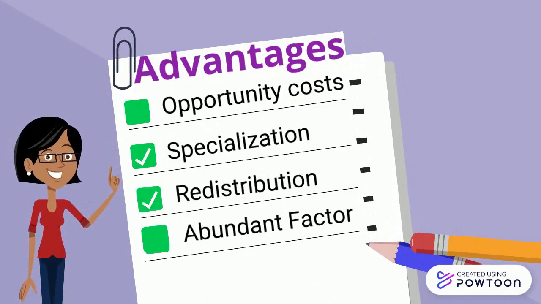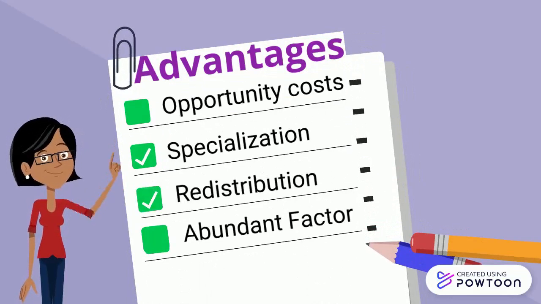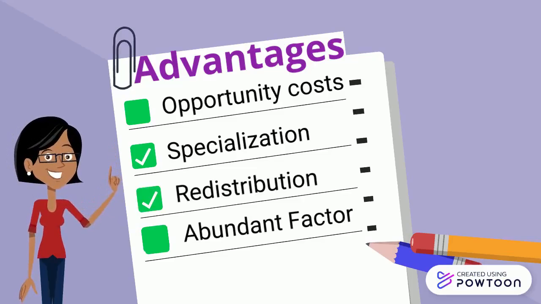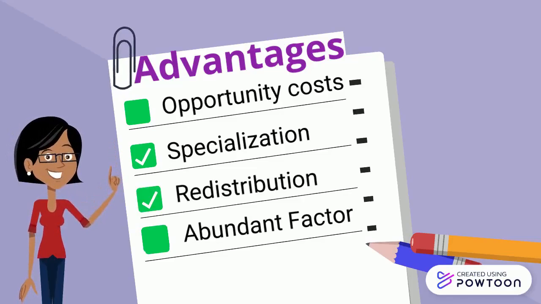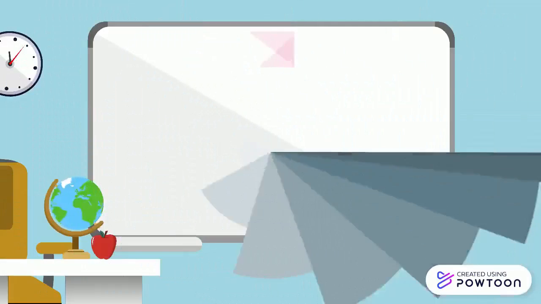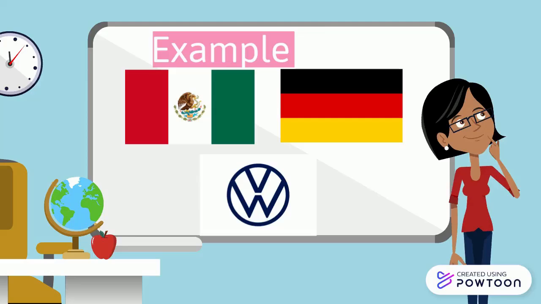Some of the advantages are increasing opportunity costs, complete specialization in one good, they will only focus on that good, redistribution of income between labor and capital, and all the countries will export goods that use their abundant factor intensively.